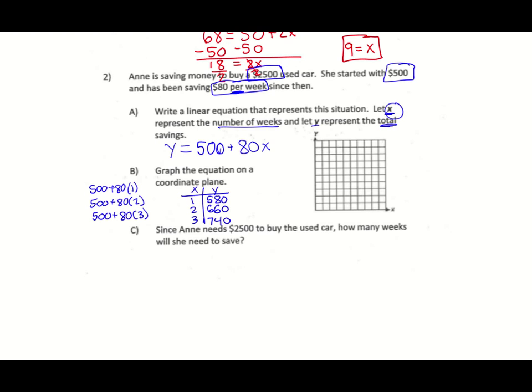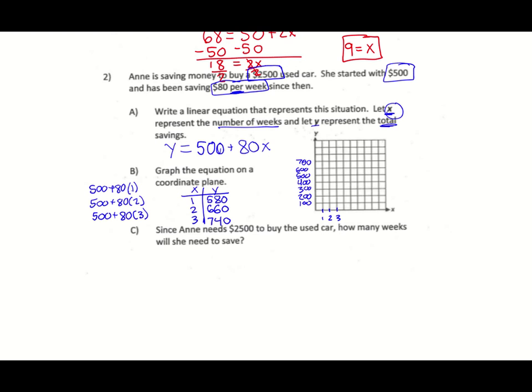Okay, so now I can graph those on here. So if I have 1, 2, and 3, and my numbers are pretty big here, so instead of going by ones, I'm just going to go by 100s. Call this 100, 200, okay, and we'll have to estimate these graphs a little bit.